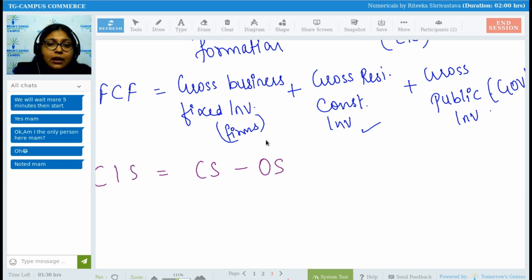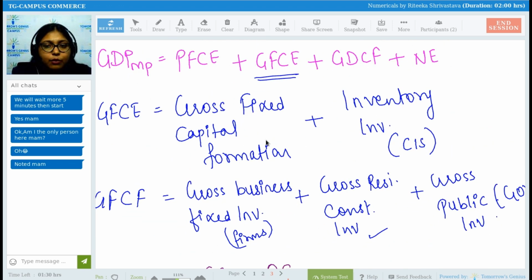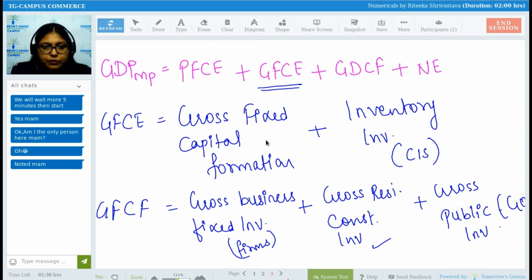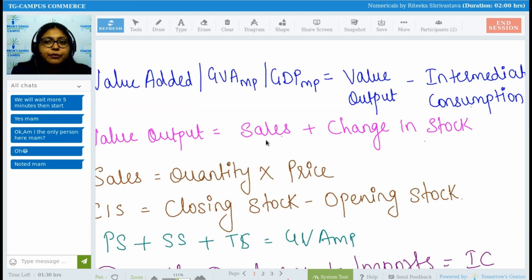So these were the three different formulas which we are going to use in order to find out the value of national income: national income by value added method, national income by income method, and national income by expenditure method. Yes, Gokul.